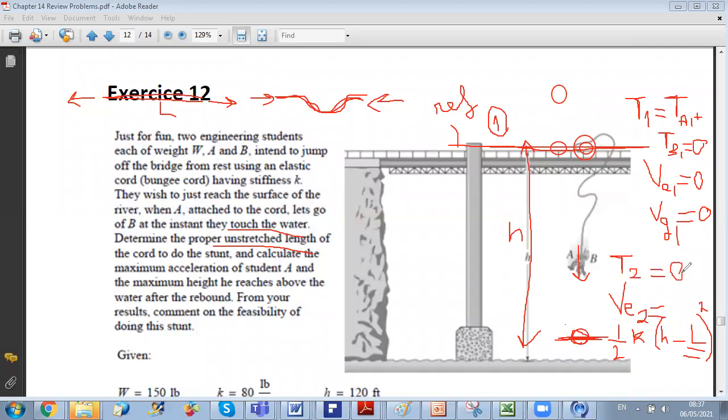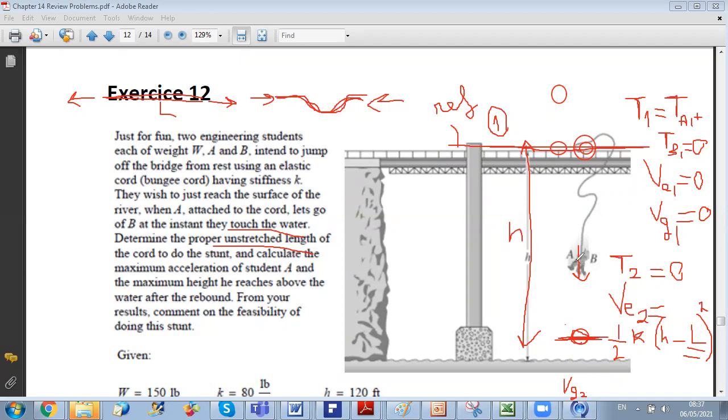And concerning the gravitational potential, since we are at a distance h below the reference line, V gravitational at state 2 is computed as follows.